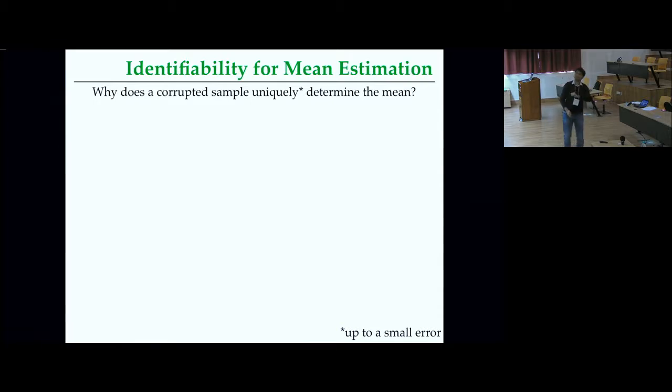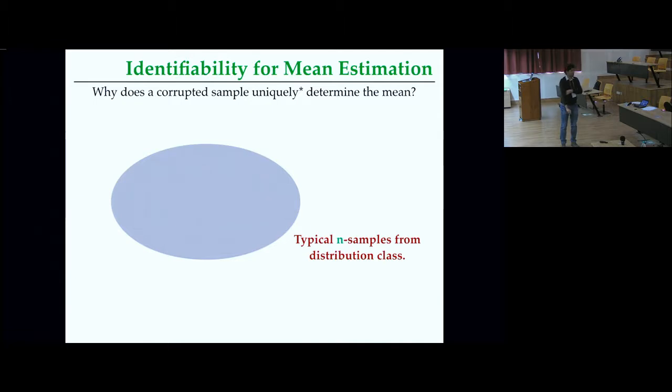Okay? So let me first draw a diagram and tell you what's going on here. Let's say this gray egg. Usually we'll have some class of distributions that we care about. Let's think of this gray egg thingy as the set of all n-size samples from the distribution that we care about.